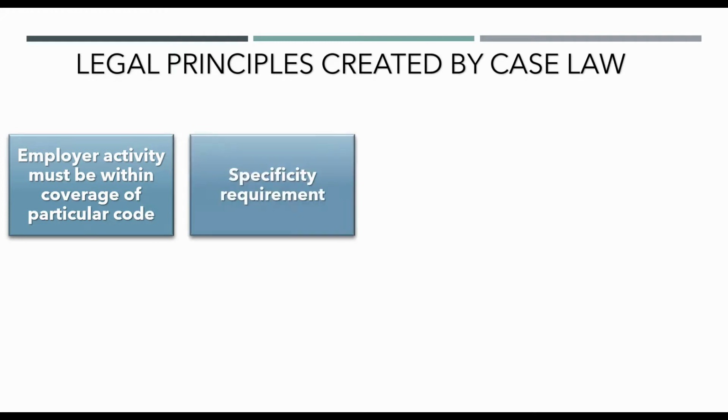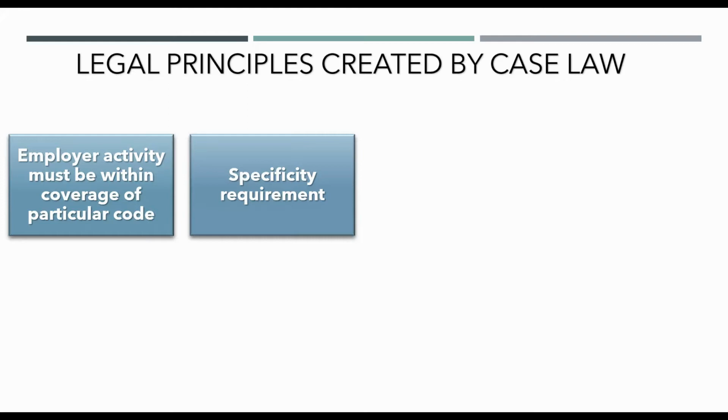The second principle that goes through this area is that the requirement must be specific. And what does that mean? That means that the safety requirement must clearly inform an employer of how to comply with the requirement.